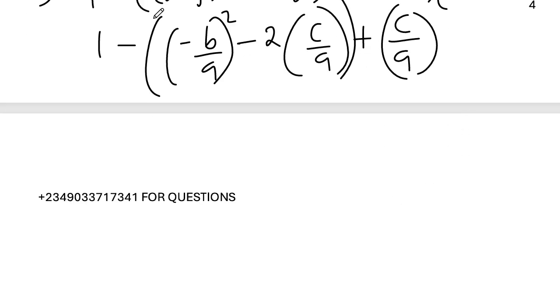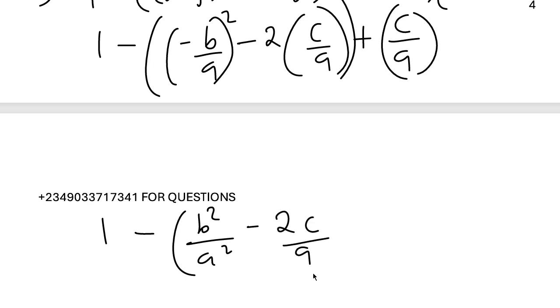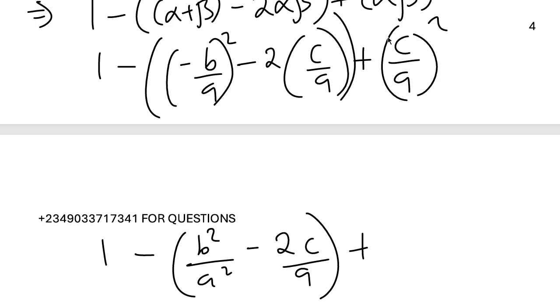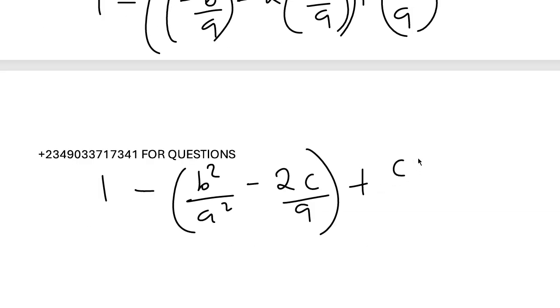And then from there, we can simplify. That will be 1 minus, and the bracket, negative b over a all squared will be what? It will be b squared over a squared, because negative times negative is positive, then minus 2c over a, then plus (c over a) all squared, which is c squared over what? a squared.